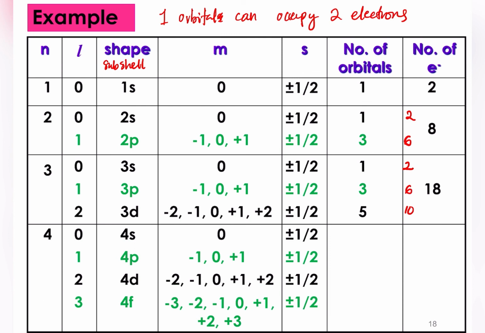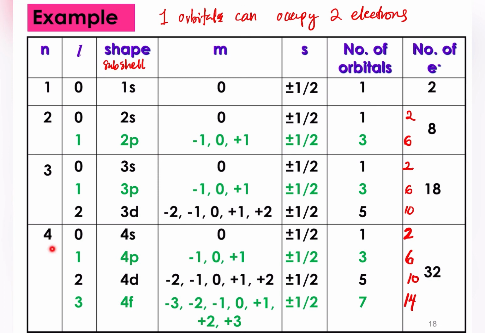So I have 1 untuk 4s, 3 untuk 4p, 5 untuk 4d and 7 untuk 4f. So darab dengan 2, each of them, ini ada 2, ini ada 6, ini ada 10, ini ada 14. So total up everything, you will have 32 untuk number of electrons in n equals 4.